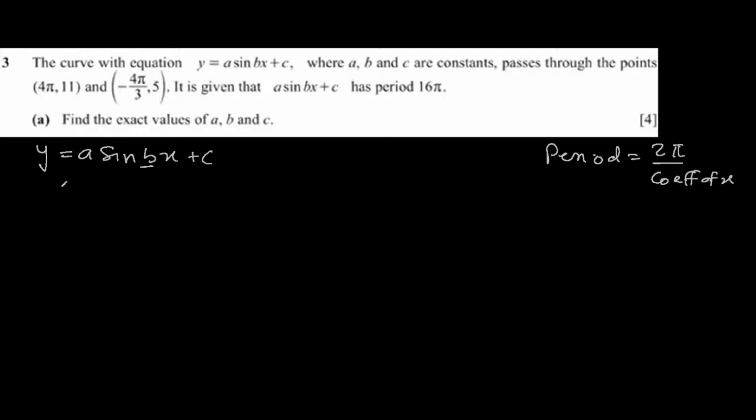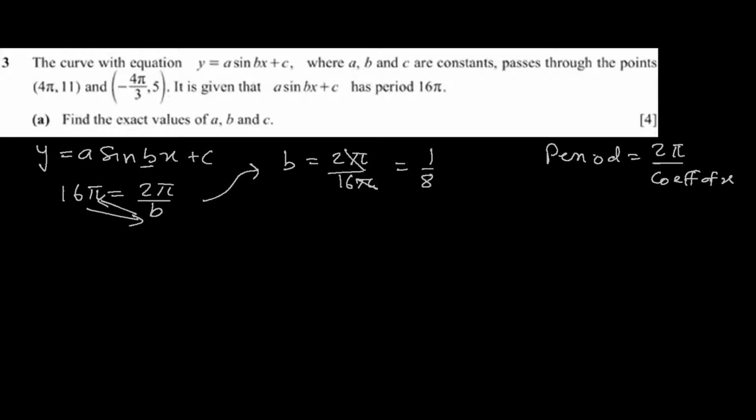So period 16 pi is equal to 2 pi divided by B. So we can carry out cross multiplication here. B will go and replace 16 pi, and 16 pi will take B's place. That's how cross multiplication helps. So B equal to 2 pi over 16 pi. Pi and pi cancel. 2 over 16 will be 1 over 8. This is the value of B.